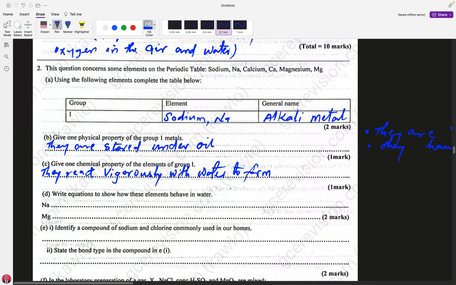You can say to form alkali, and hydrogen gas is released.